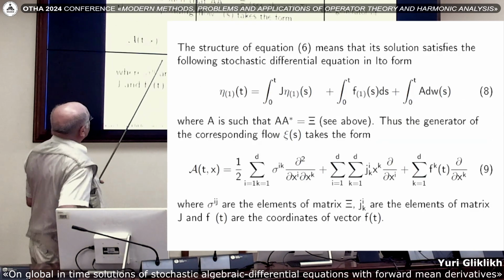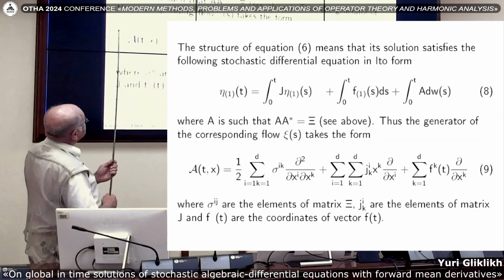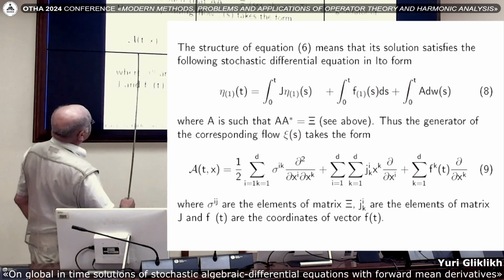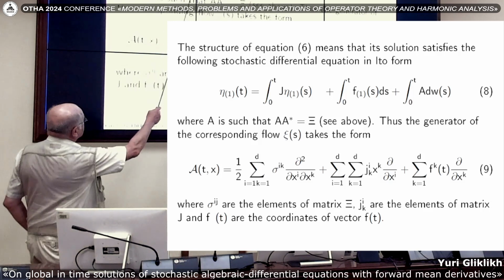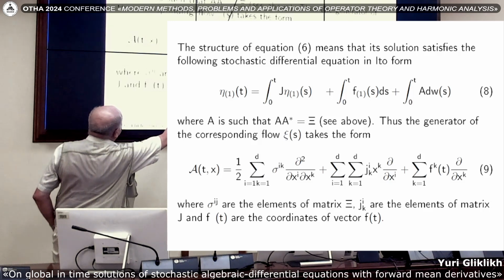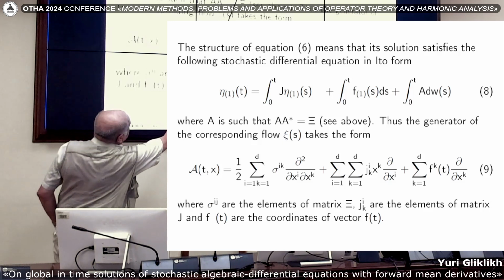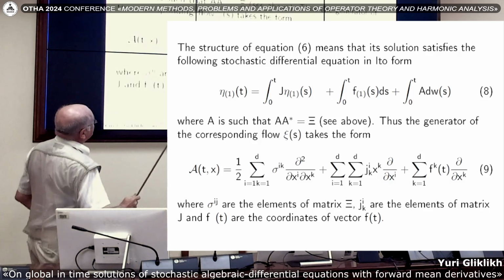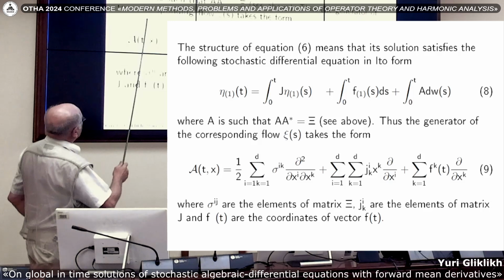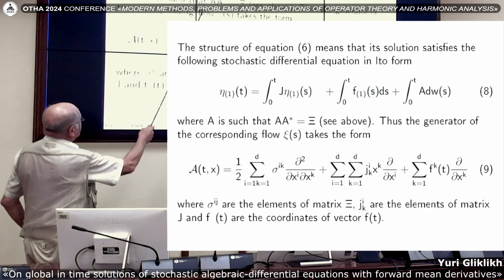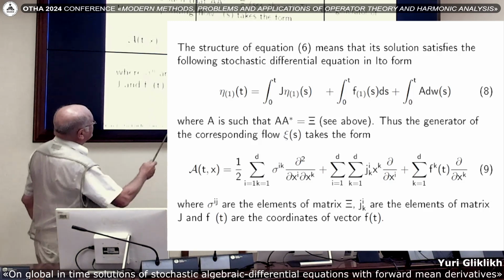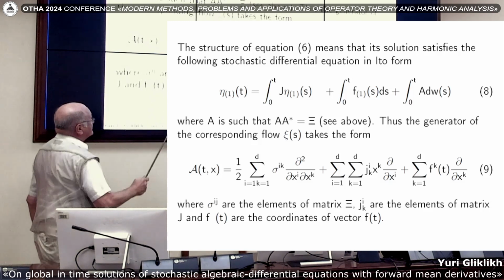The structure of equation 6 means that its solution satisfies the following stochastic differential equation in Ito form. You see? Here should be ds, sorry, where A is such that A conjugate is Xi.